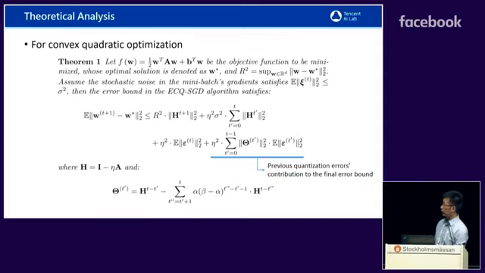Here, epsilon t is the quantization error introduced in the t-th iteration, and theta t is the corresponding multiplier. For QSGD, the multiplier will only have the first term, but not the second term, because alpha equals 0.